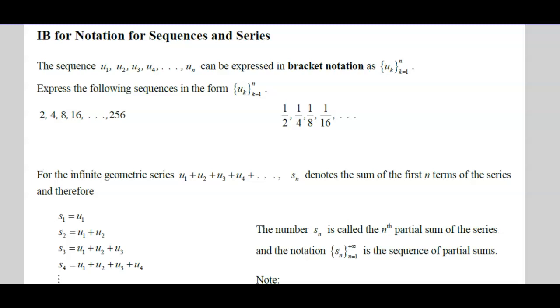Okay, so this will tell you the term. So that will be a general case in terms of K. So it's kind of like in summation notation where the index is at the bottom and the maximum value of that index, the upper limit, is at the top there. Okay, and so this will be your formula for any term. Okay, so it says express the following sequences in that form.